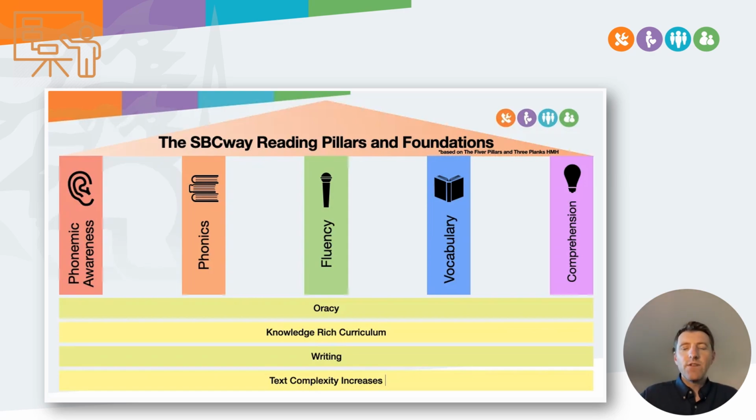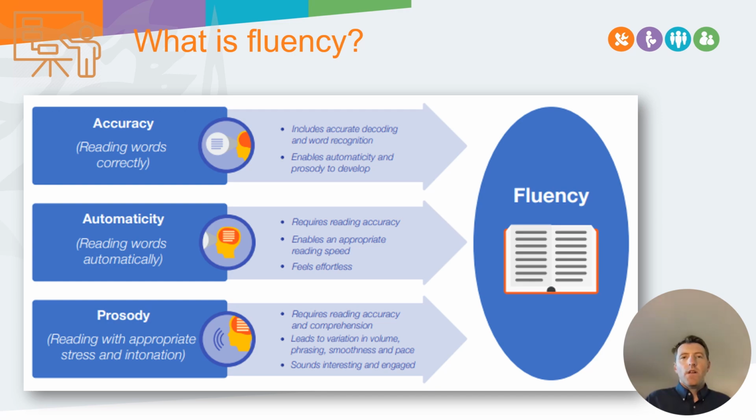So I guess the first question we want to explore and answer is, what is fluency? Now, there's a lot of research literature on the subject, but ultimately it's been distilled down to these three components. This visual actually comes from the Education Endowment Foundation report on supporting reading. And you can see here that when we talk about fluency, we're looking for three things.